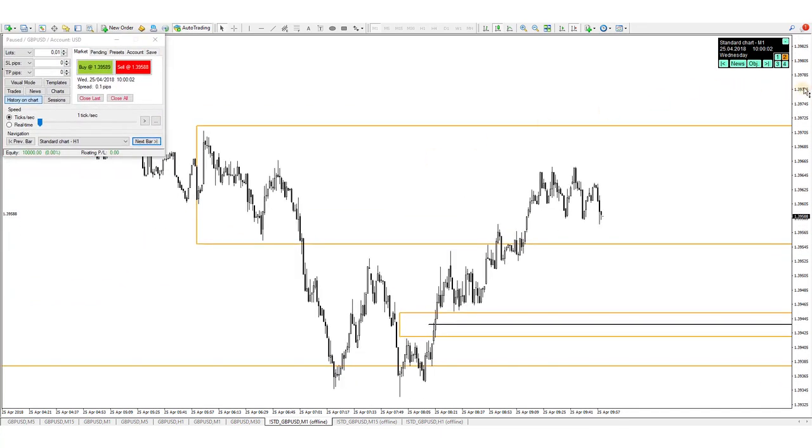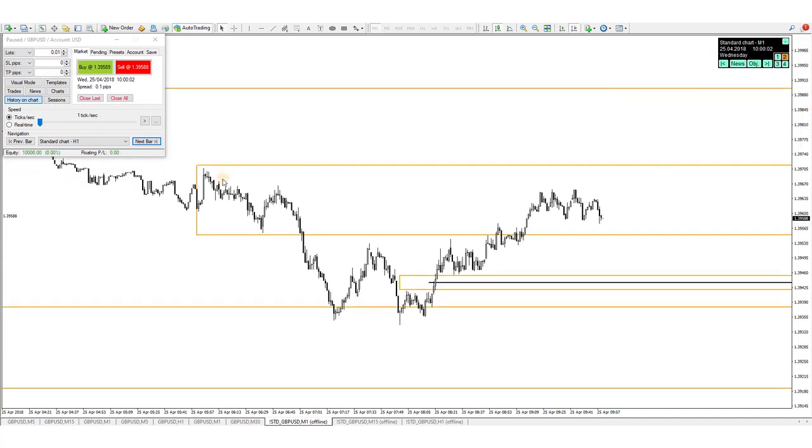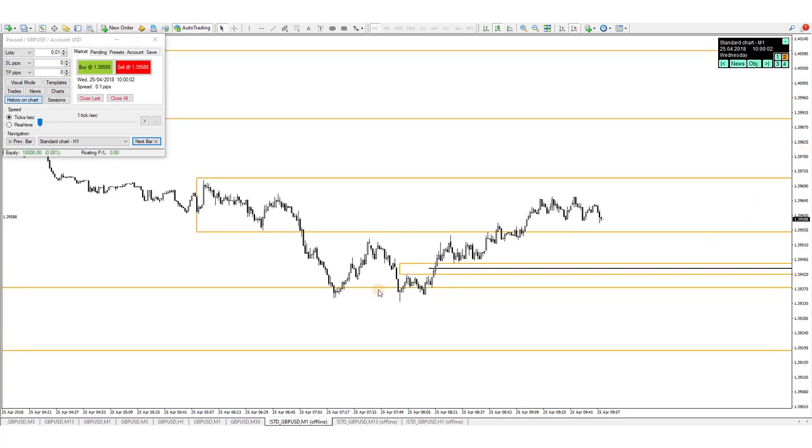So, a summary at first. Here I have the supply, where price already is now. Here I have the imbalance. We've perfectly measured the 50% area level, and here the bigger box below is my demand zone.